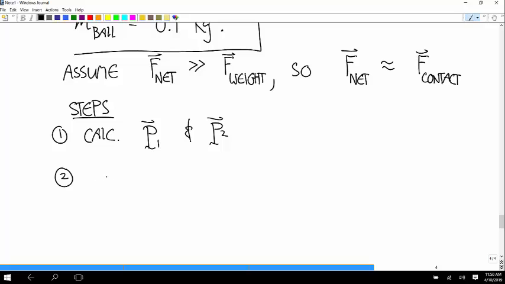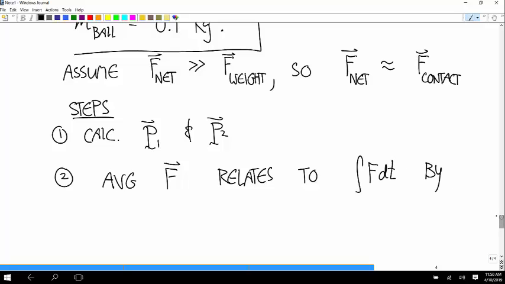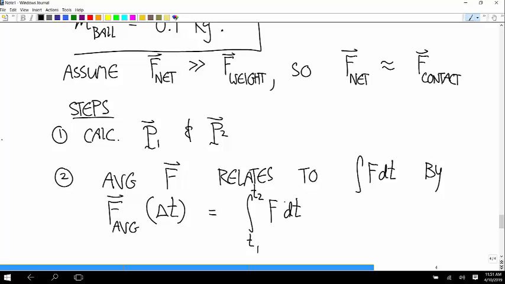And then use the fact that the average force relates to the integral of the force, the impulse I. So F average times the elapsed time is equal to the integral from T1 to T2 of F dt.